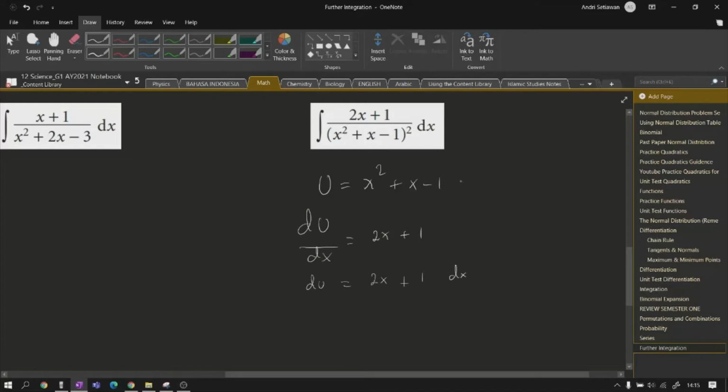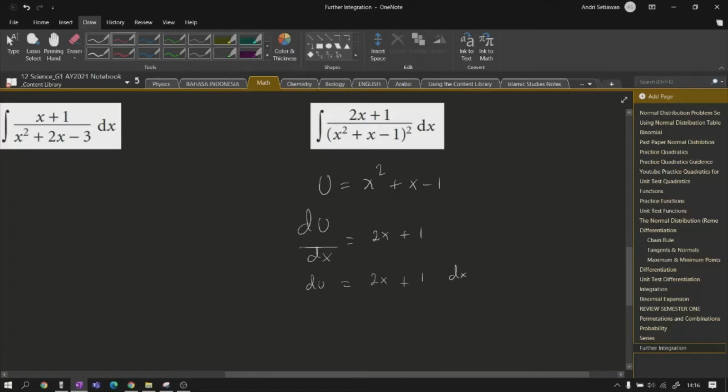Okay, let's take a look at the other variable outside the bracket. Let's check it out: 2x plus 1 dx. It is similar to the 2x plus 1 dx in the equation, so we don't have to divide or multiply it by any number, because it is similar.